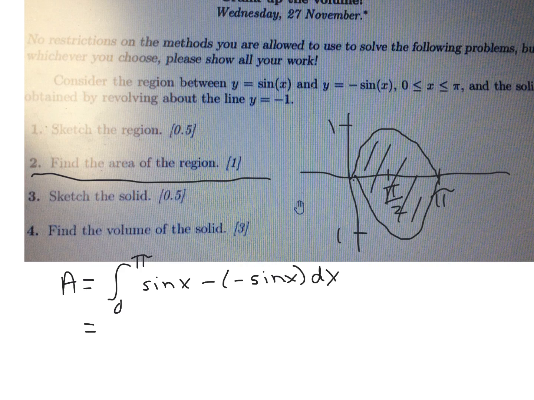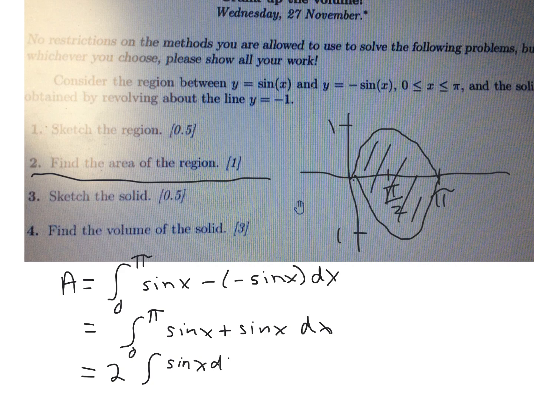So what we're actually integrating, if we simplify first, is sine of x plus sine of x, which is 2 sine of x, and I can put that 2 out in front, and so it will just become sine of x dx that I'm integrating.